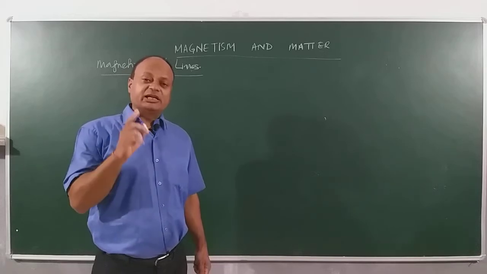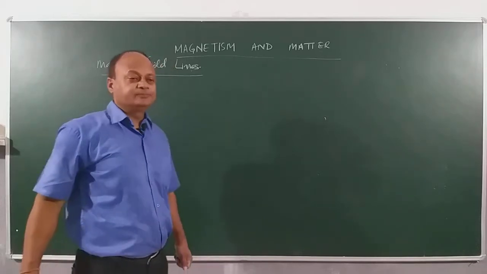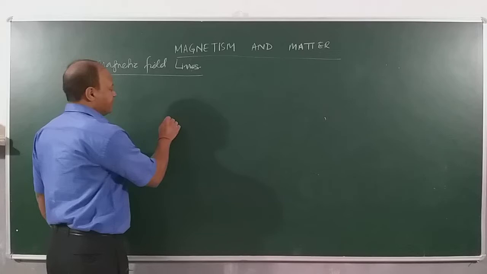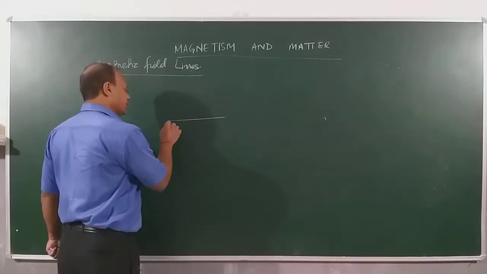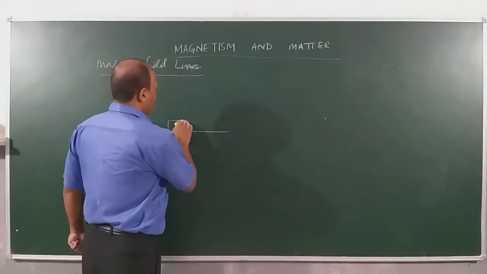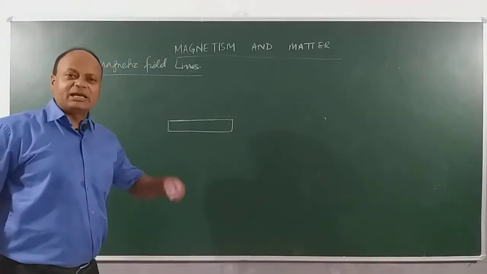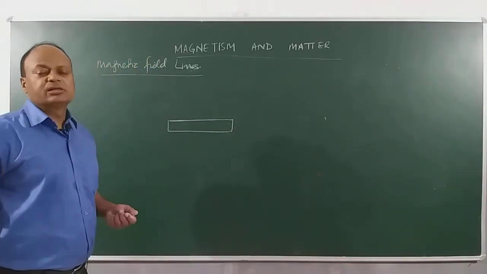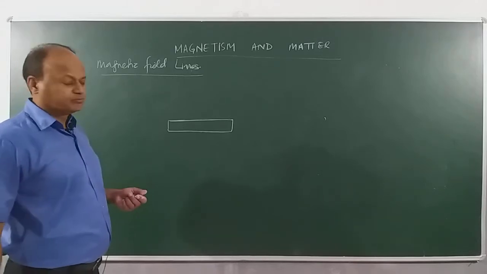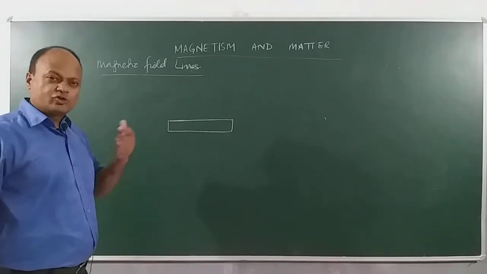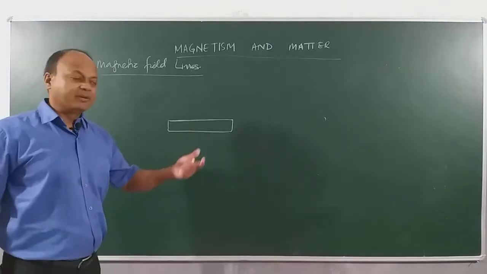Whenever there is a magnetic field, there has to be a magnetic field line. Clear? Now, magnetic field lines due to a dipole, magnetic dipole here, like a bar magnet. I will be using this term magnetic dipole. So, when I say magnetic dipole, you have to understand it is a bar magnet. It could be even a horseshoe magnet, but generally I am referring to a bar magnet.